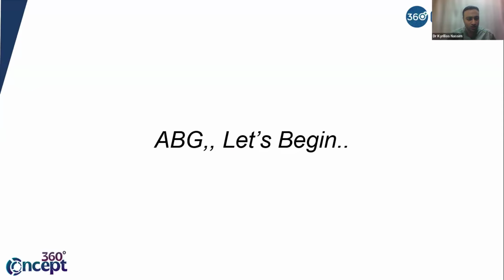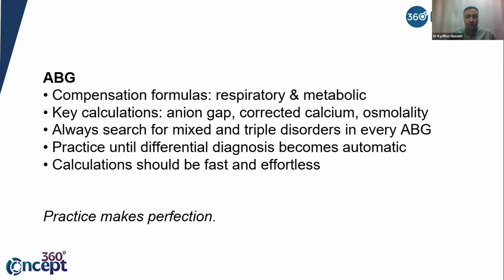We can learn about ABG by knowing the compensation formulas for the respiratory and the metabolic disorders, and key calculations of the anion gap, corrected calcium, the osmolarity, and always search for mixed or triple disorders in every ABG. It's not always a single disorder. So practice until differential diagnosis becomes automatic, and the calculation should be fast and effortless. So keep practicing. It's the only way to master the ABG.